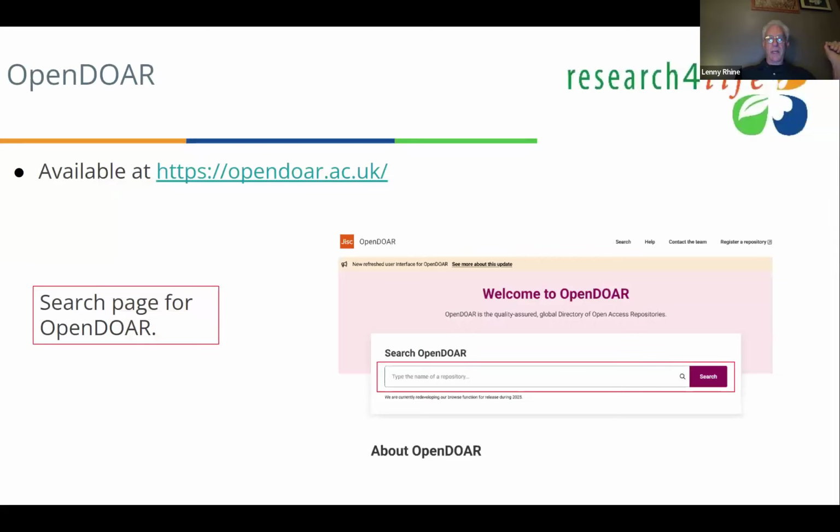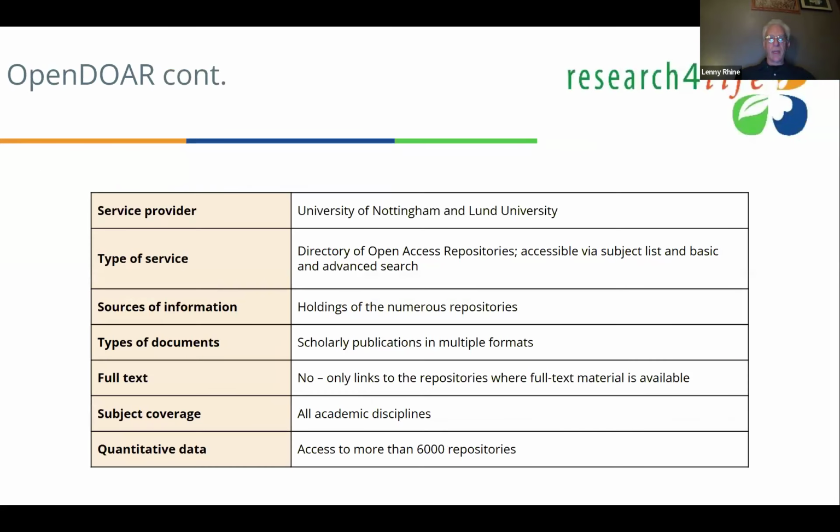Okay. OpenDOAR. This is a repository of repositories. So you can search in it and see what institutions, what organizations, what disciplines have different repositories. Okay, University of Nottingham and Lund University, it's a directory of open access repositories.